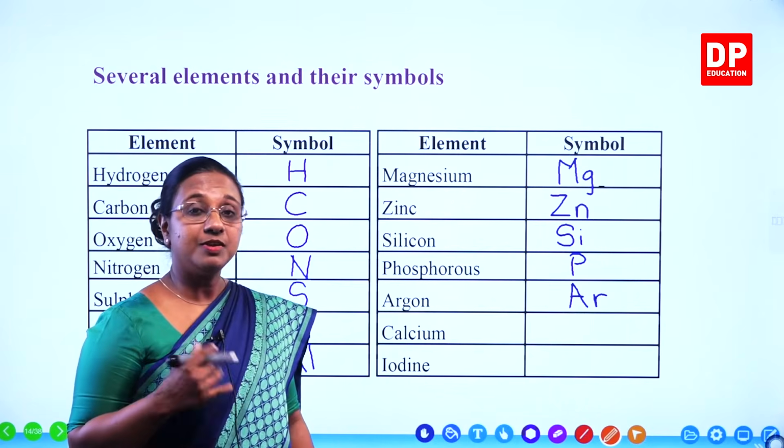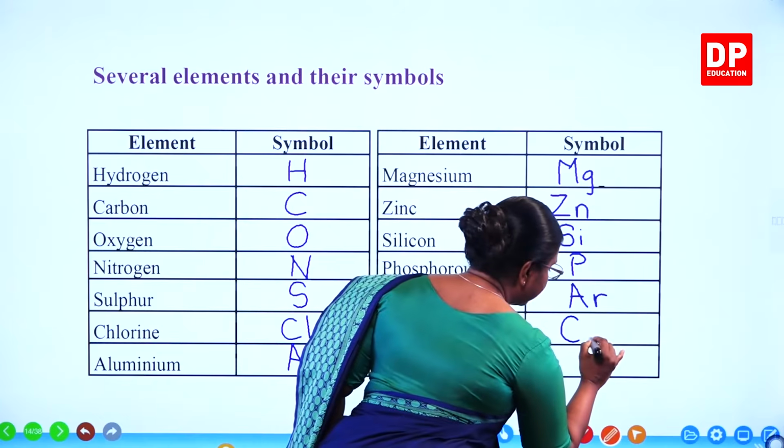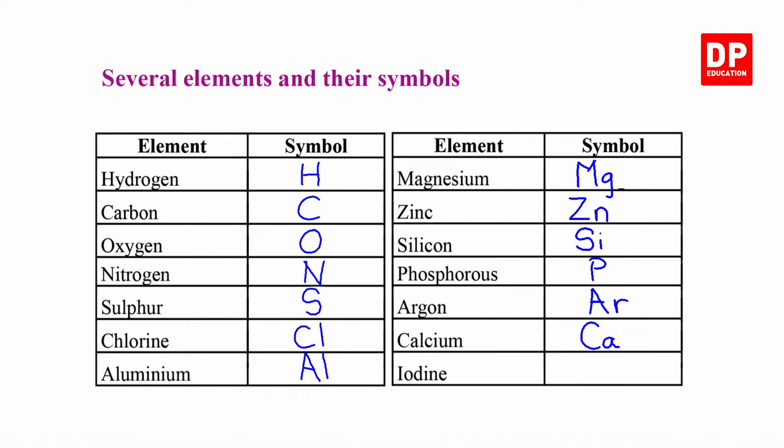Then calcium, we already wrote that, Ca, capital C, simple A. And iodine, that again is just one element and only one name. So we write the letter I, capital I. Is this okay, students?